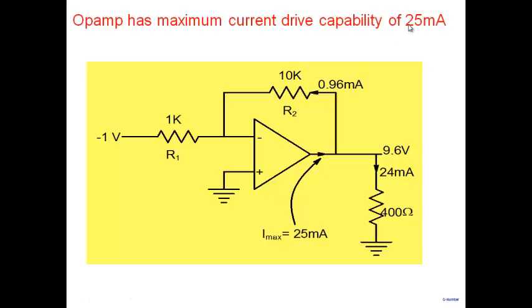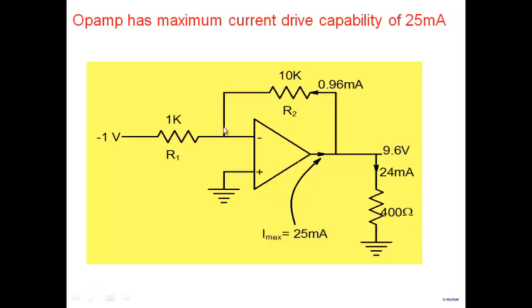The amplifier cannot supply more current than that particular maximum value. Your op amp, for example, 741 op amp, has a maximum current capability of 25 milliamperes. So besides the output resistance and all that we studied, this is another parameter which is important. You should not violate the current limit of 25 milliamperes here.